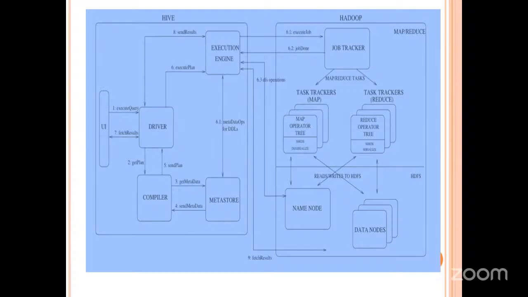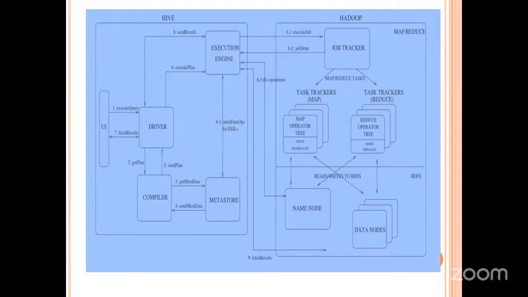Then the compiler is going to send the data to the driver. Then the driver will send the data to which one? See there on the top, you are having an execution engine. So what are the different execution engines we told in the first diagram? You're having thrift drivers, ODBC drivers, and JDBC drivers, right? So this execution engine will send the data to the job tracker.